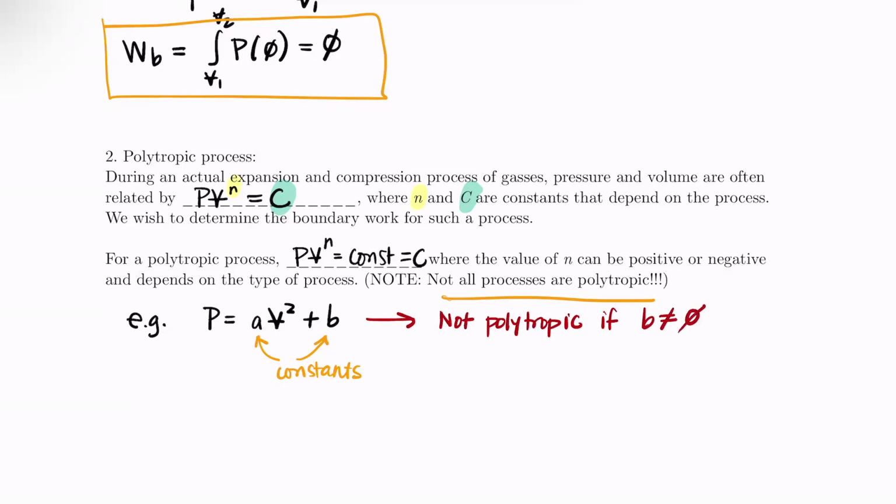If B is 0, then this is polytropic. If it's not 0, then it's not polytropic.